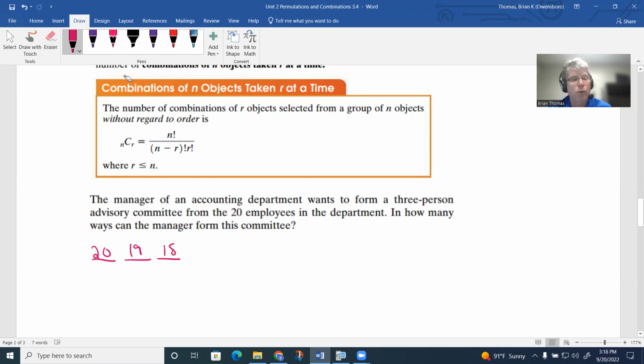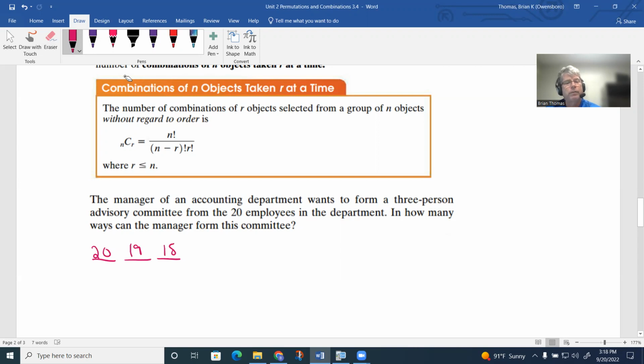Now, if I just multiply 20 times 19 times 18, that's going to give me a permutation. But what I want to do is remove the repetition. So I have to remove the repetitions. Since there's 3 slots, we're trying to figure out how many different ways we can rearrange a 20, a 19, and an 18.